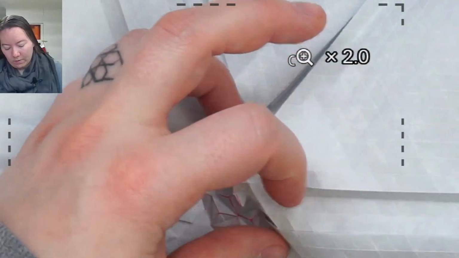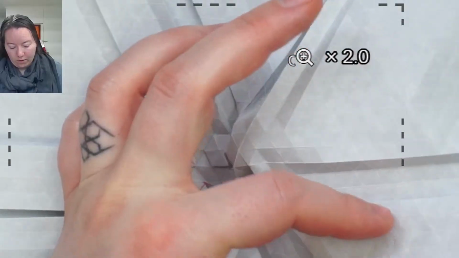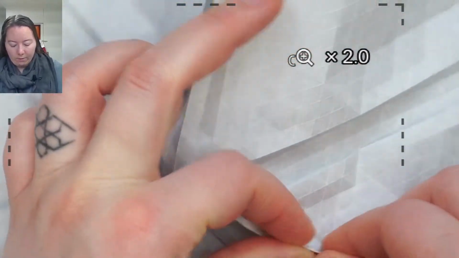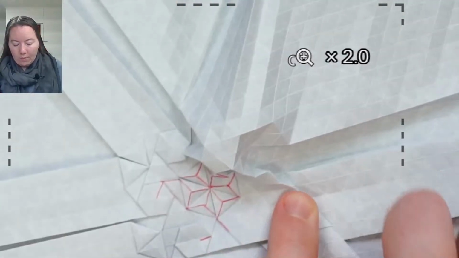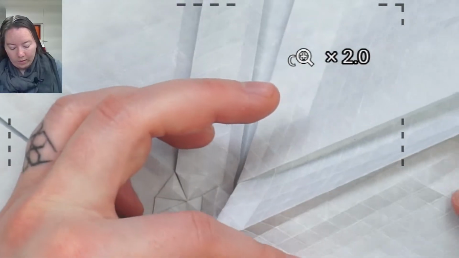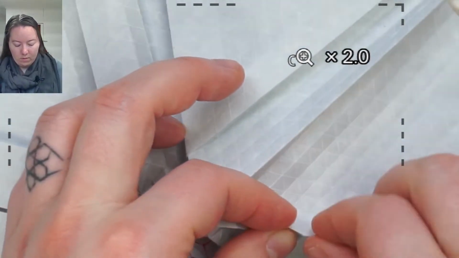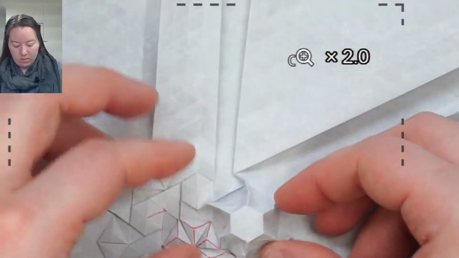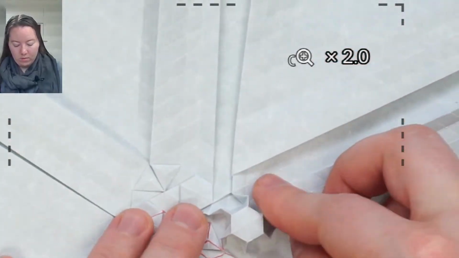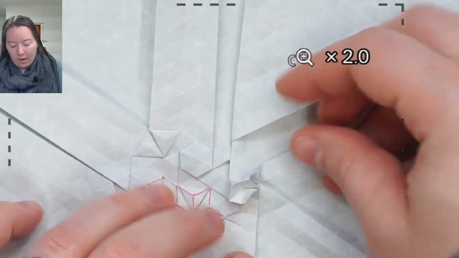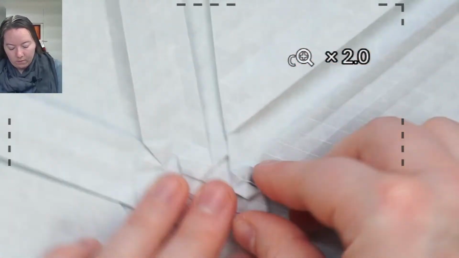And that means finding the additional pleats. So I already have a pleat overlap that I'm working from. I'm adding even more pleats, and twisting that hexagon into place.